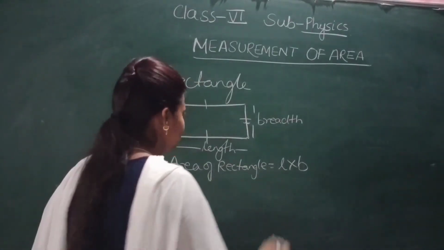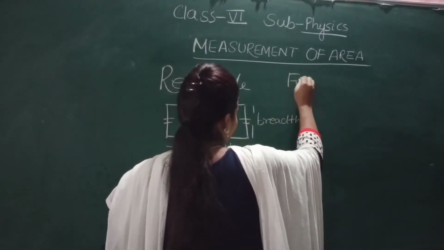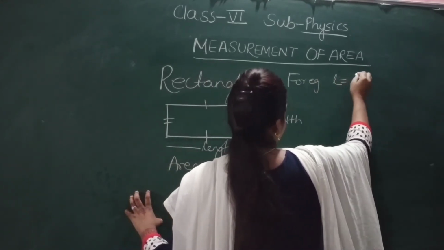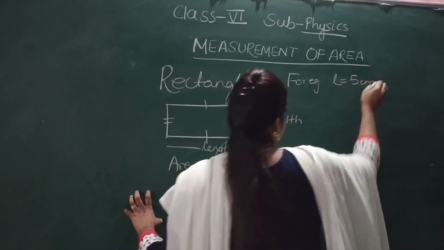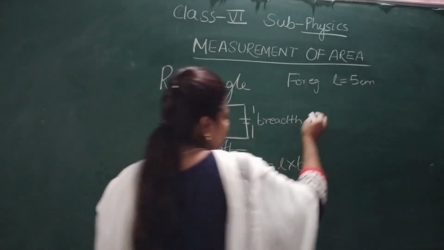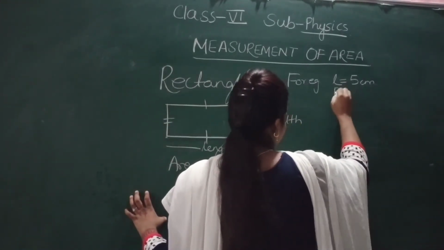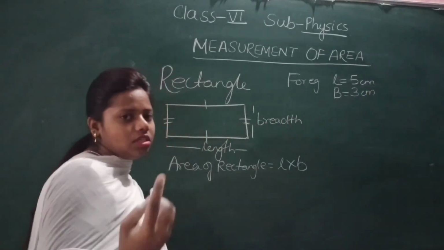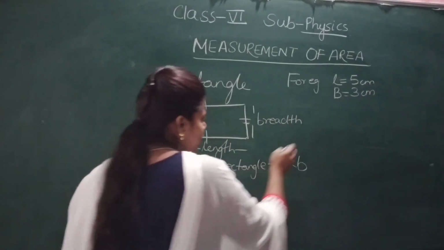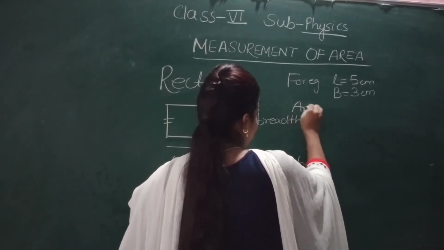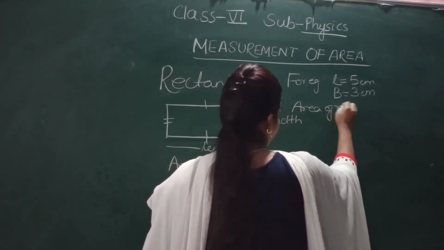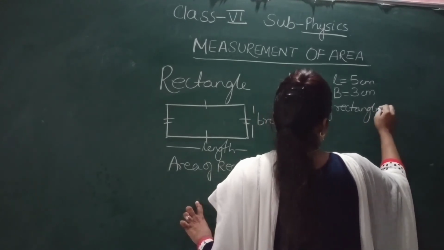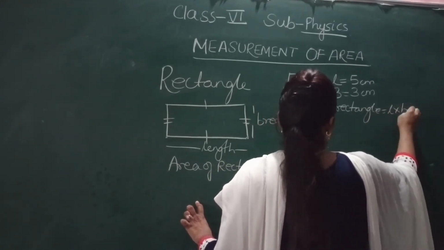Now let's see an example here also. Length is given 5 centimeter and breadth is 3 centimeter. We have to find the area of the rectangle. Area of rectangle is equal to length into breadth.